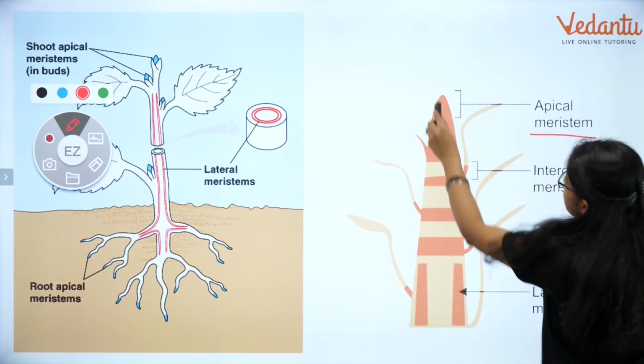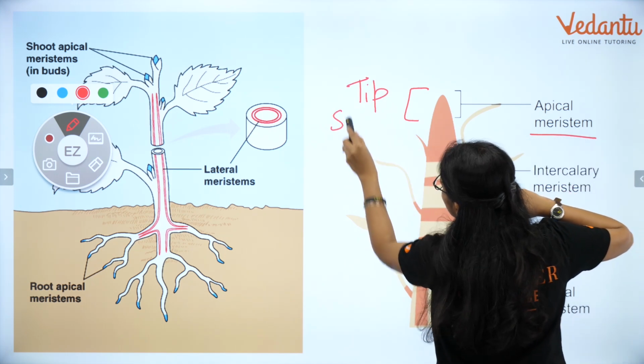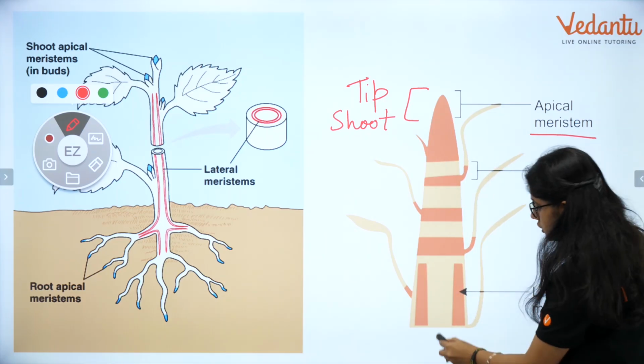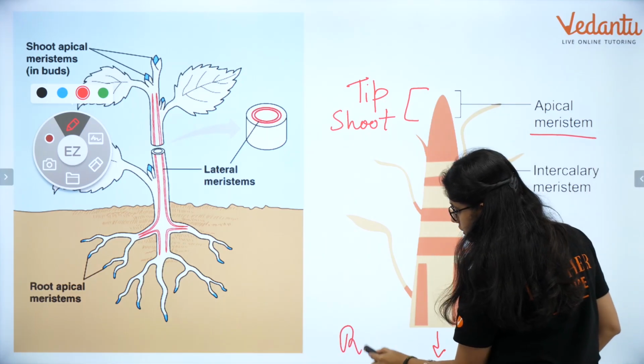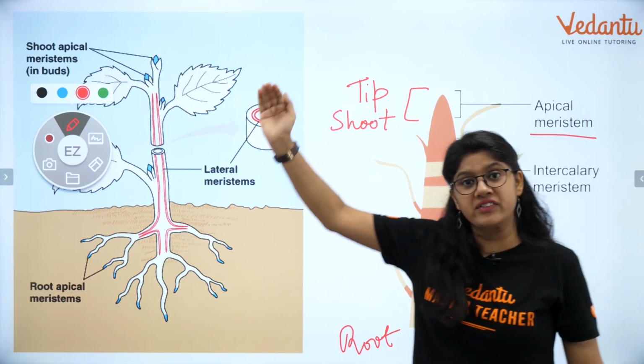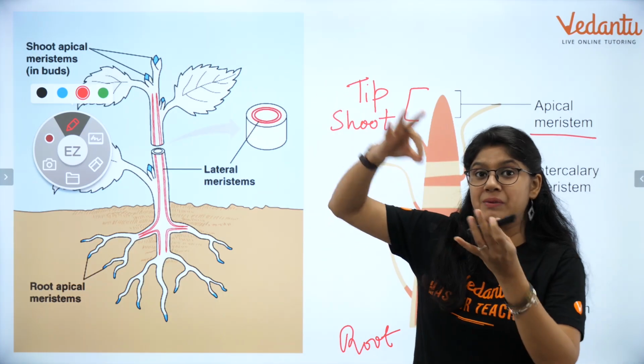It's present basically at the tip of the shoot, and they're present down also at the root. Tip of the shoot and the root.